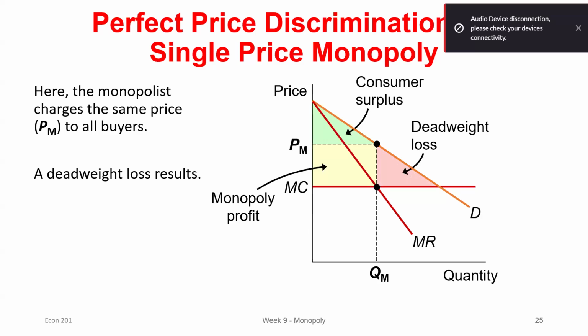My producer surplus, or the difference between price and the supply of the firm, if I have a horizontal marginal cost, that difference between the price and the supply curve is our profits or our producer surplus. The area above the price below demand is our consumer surplus. And then we're no longer producing any of these units. This would be our deadweight loss.